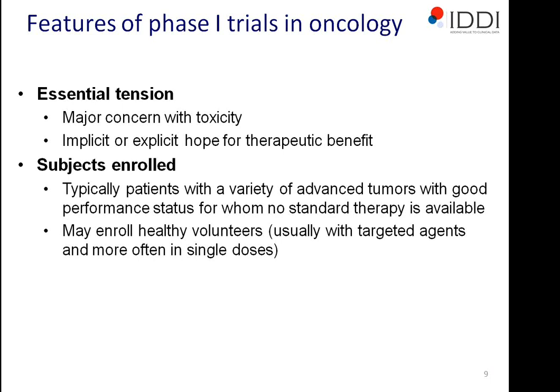Although I need to say that there are phase 1 trials in healthy volunteers in oncology, but these are usually trials with targeted agents, and more often these trials involve a single dose of the agent. So the typical patient in a phase 1 cancer trial has an advanced tumor for which no standard therapy is available. But these patients are the ones with good performance status, otherwise they shouldn't be included in these trials.